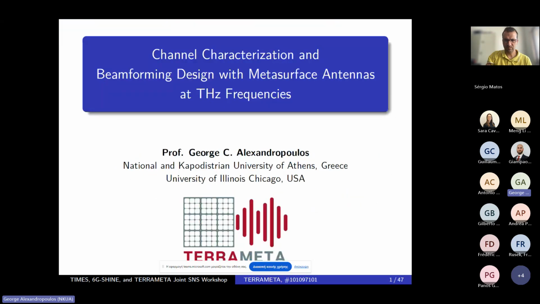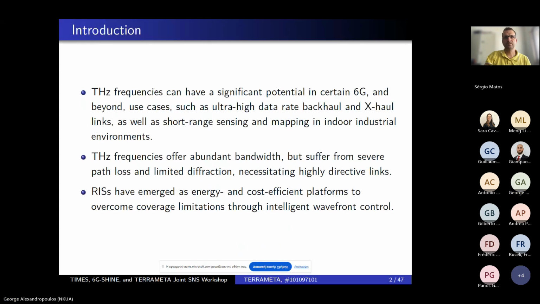In my part, I will touch mainly on the conceptual level of different hardware architectures for RISs. Antonio described in detail certain things that are happening not only within TERRAMETA, but also in the different types of RISs.